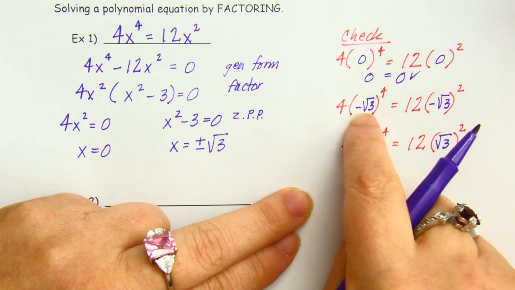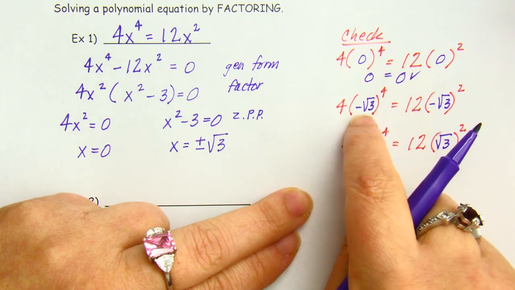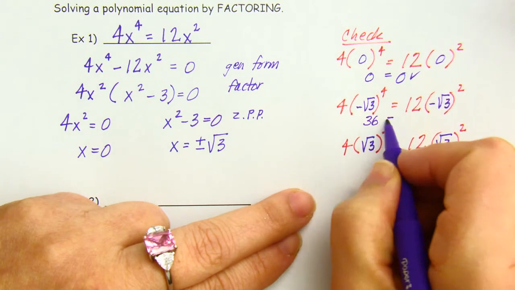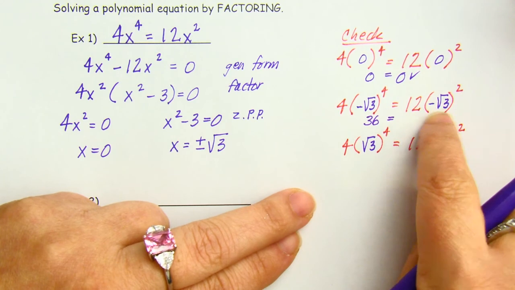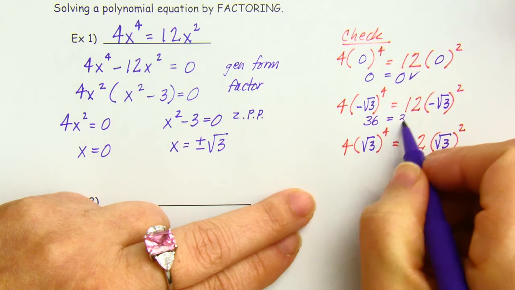This thing is root 3 times itself 4 times, or 9 times 4, 36. Negative to an even power is positive. Root 3 times itself is 3, times 12 is 36. It also works.